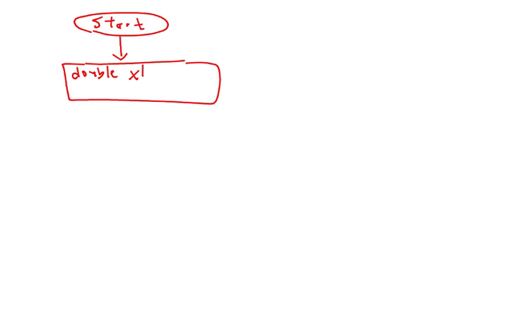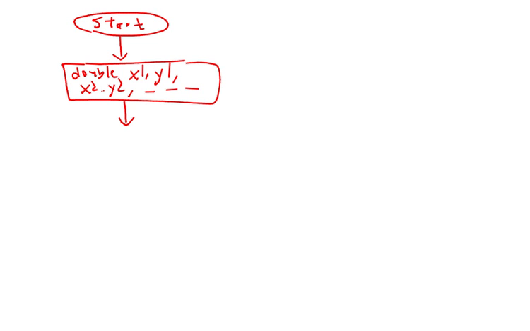So start, if you remember, we then define our variables: double x1, y1, x2, y2, and so on. Let me leave out some details here. I don't have a lot of room.